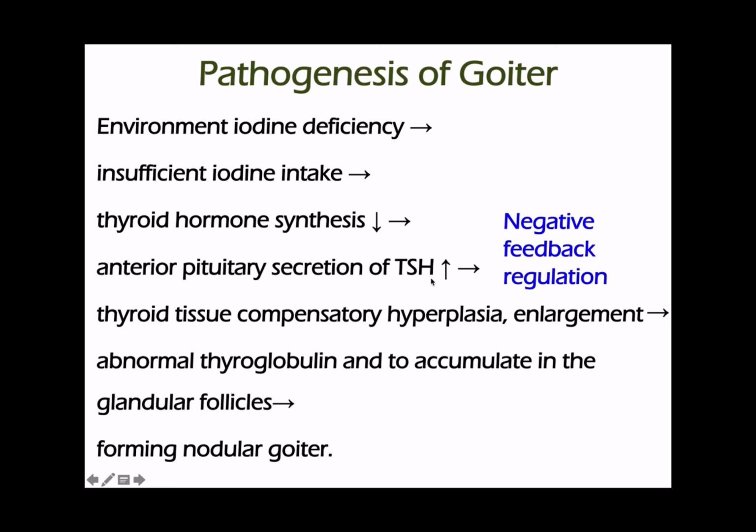However, thyroid hormone synthesis is still reduced because we don't have enough iodine, we don't have enough materials. So this increased secretion is not helpful, but even makes things worse by enlarging the thyroid tissue and finally causing the nodular goiter.